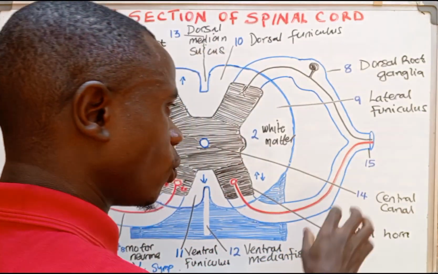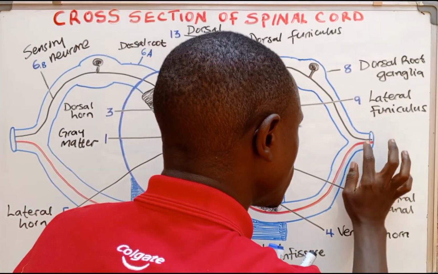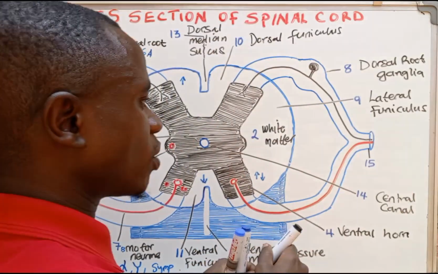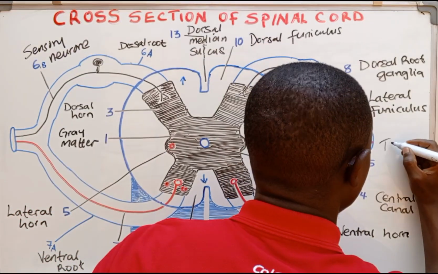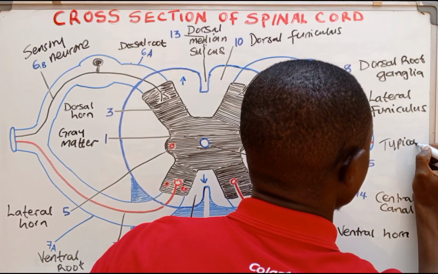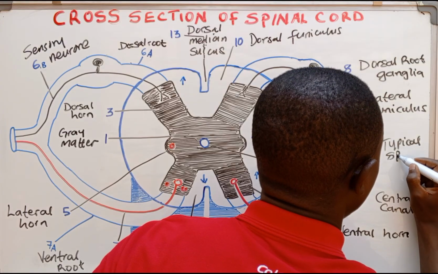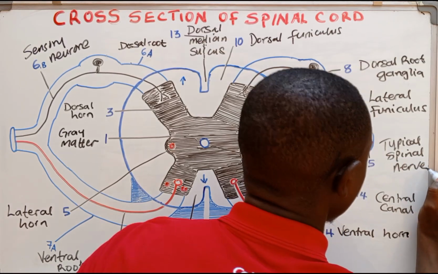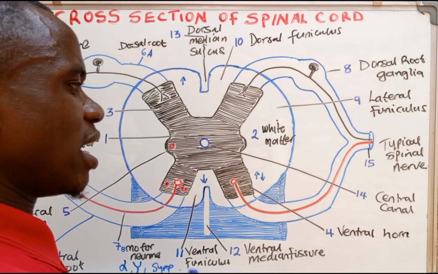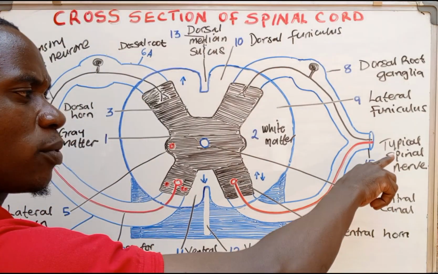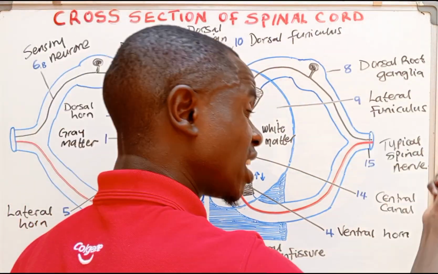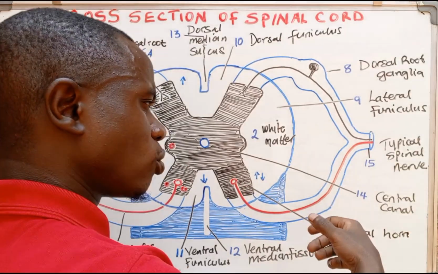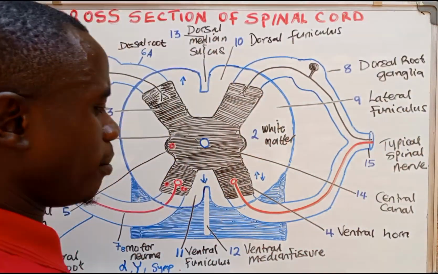This structure, forming from this point going down, is what we call a typical spinal nerve. In this typical spinal nerve, we have the sensory part and also the motor part.